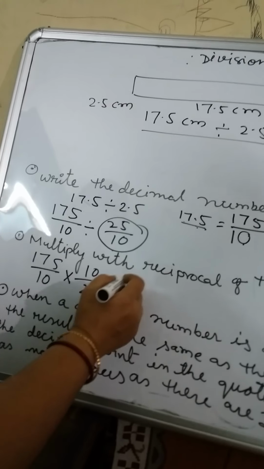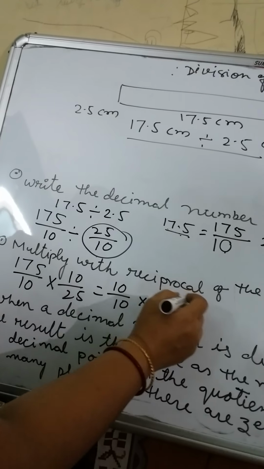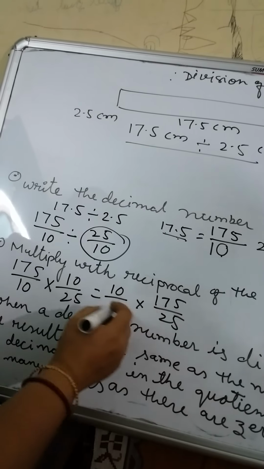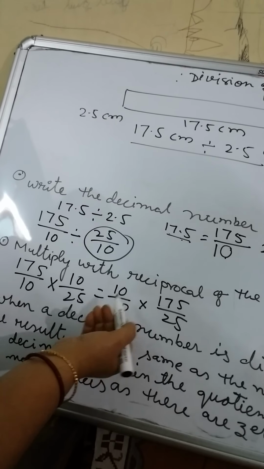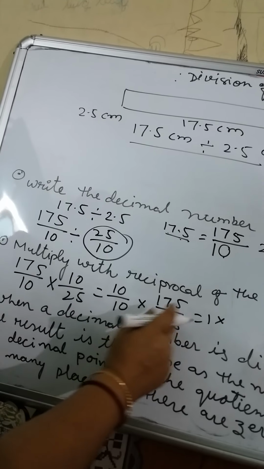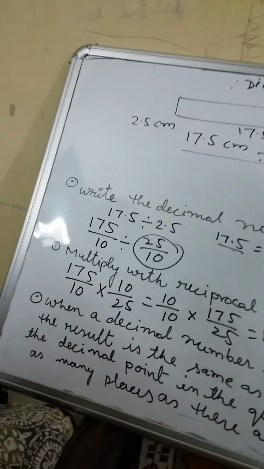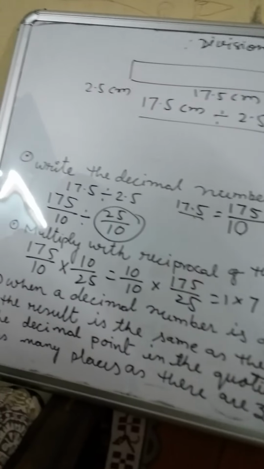If I rearrange, 10 divided by 10 is 1, and 175 by 25 is 7. So your answer is 7. You can see it's very easy to divide.